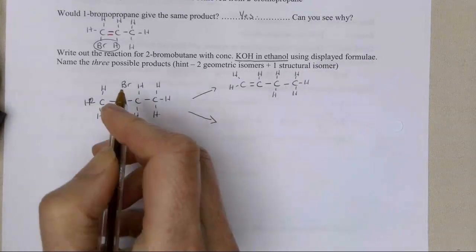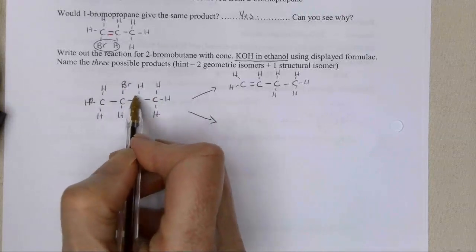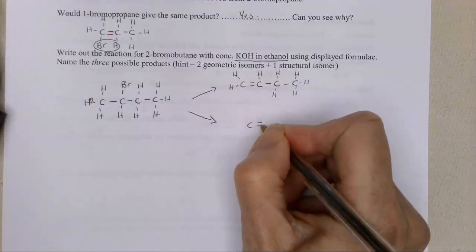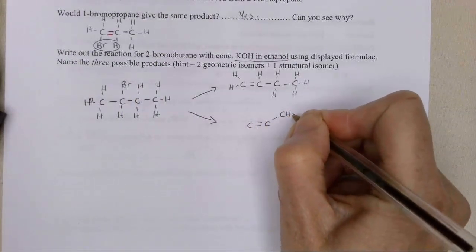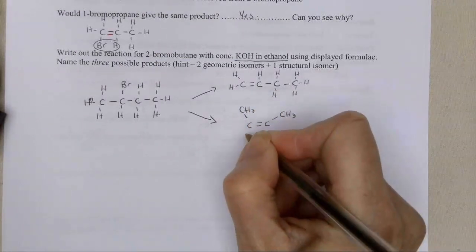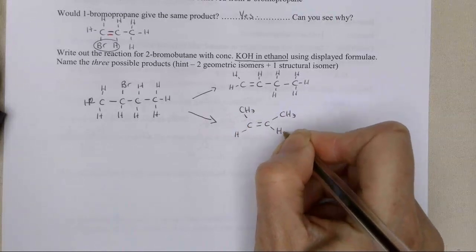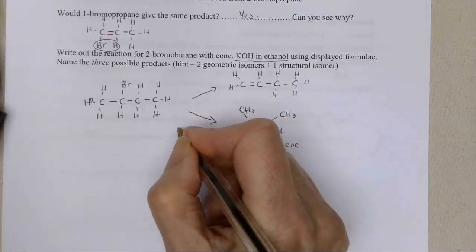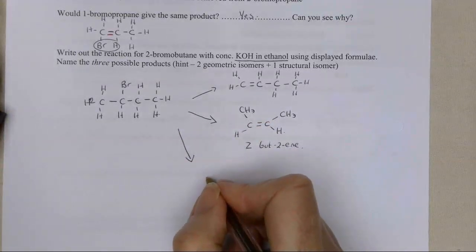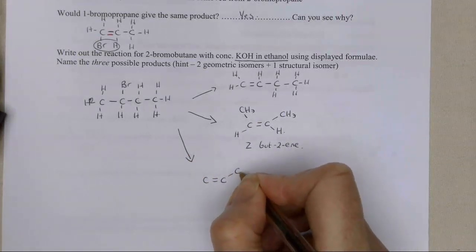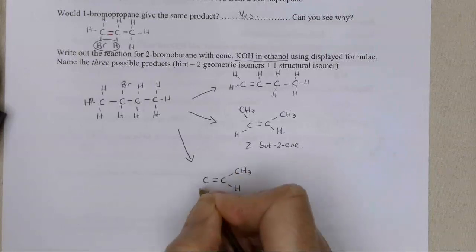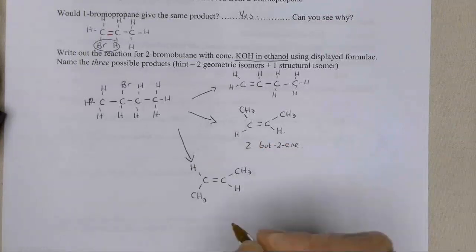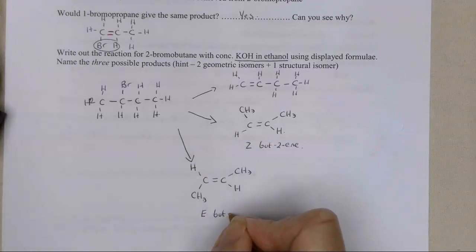Or I could take the bromine and an adjacent hydrogen from the third carbon, so from this carbon here, and this time I would get either this version, which you should be able to work out is Z-but-2-ene, and where there's a Z, there will also be an E, so I can also get the E version of this, where the 2 CH3 groups are on opposite sides of the molecule, and that is E-but-2-ene.